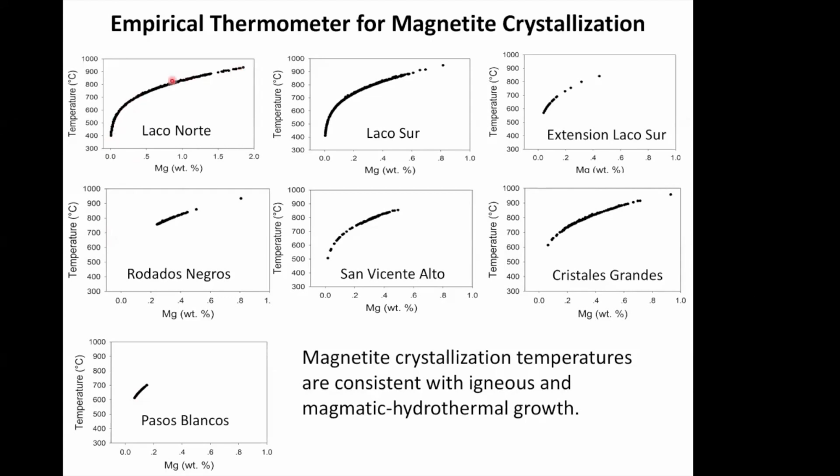For El Laco, these are brand new data, and they indicate the systematic cooling of magnetite, where we have magnetite alpha, magnetite beta, magnetite X, magnetite Y, magnetite Z, and magnetite S. And as a function from surface to depth, the temperatures tell us that the system was cooling.